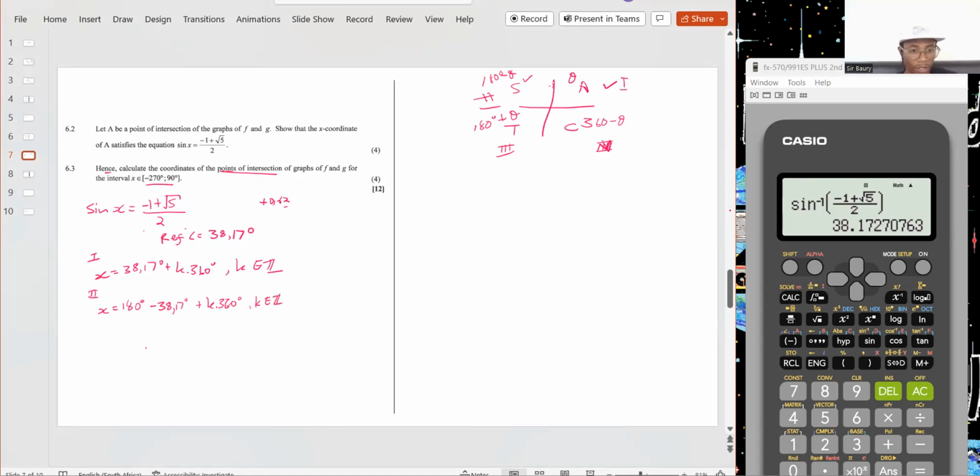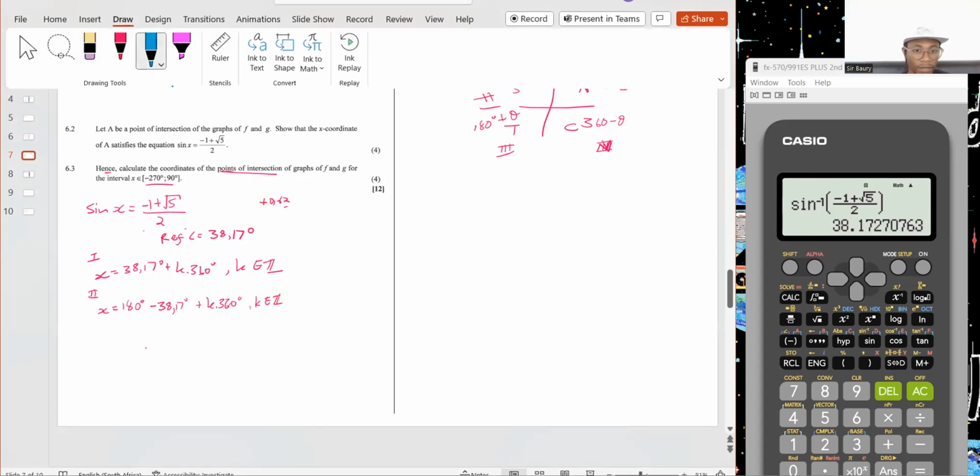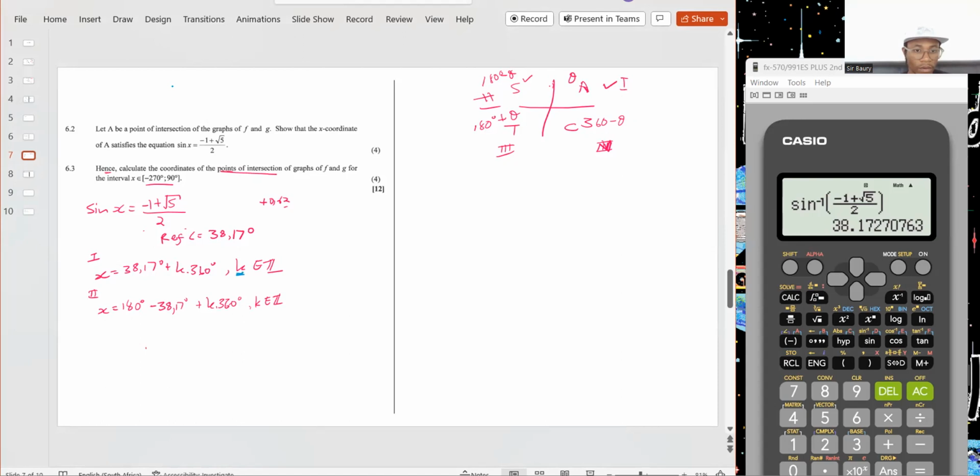For me to find the solution and get the full coordinates, I need to substitute the value of k.